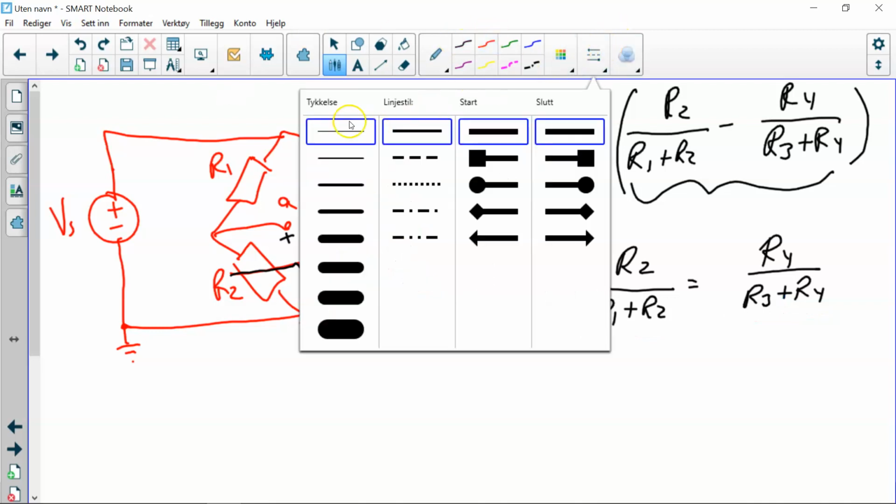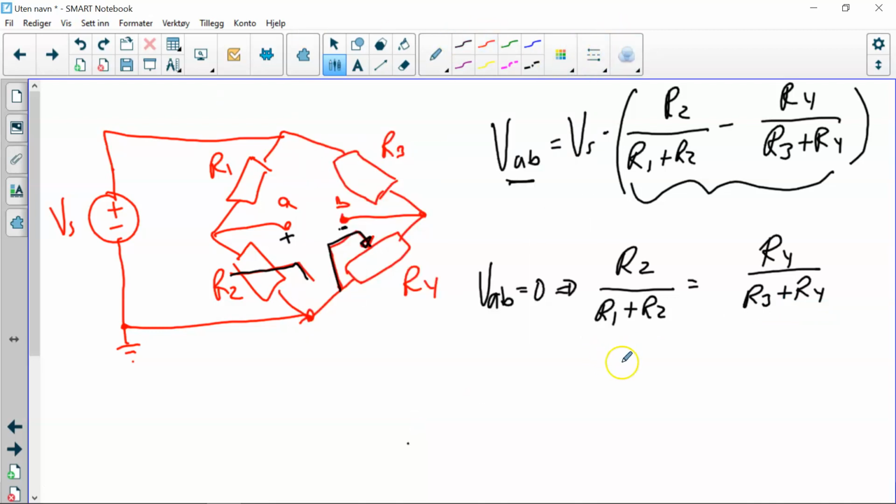If I divide every element on the first part by R2, I get R2 over R2, 1, R1 over R2 plus R2 over R2, 1. And the same here. R4 over R4 is 1, R3 over R4 plus R4 over R4, 1.